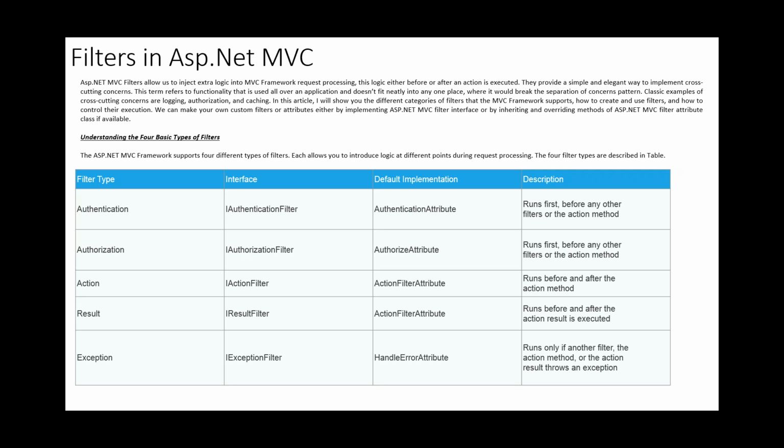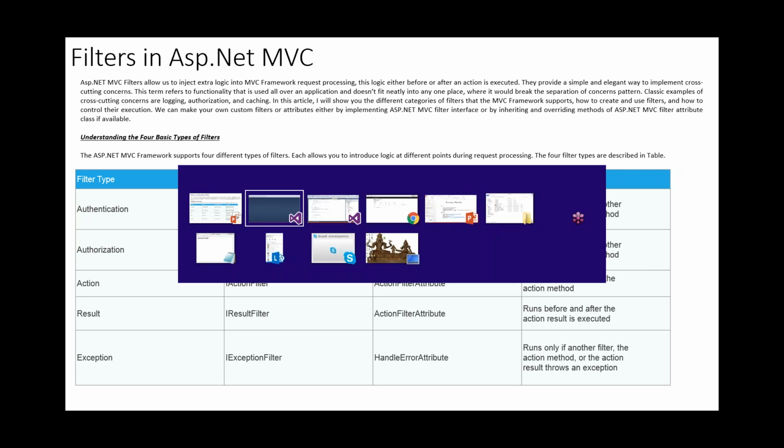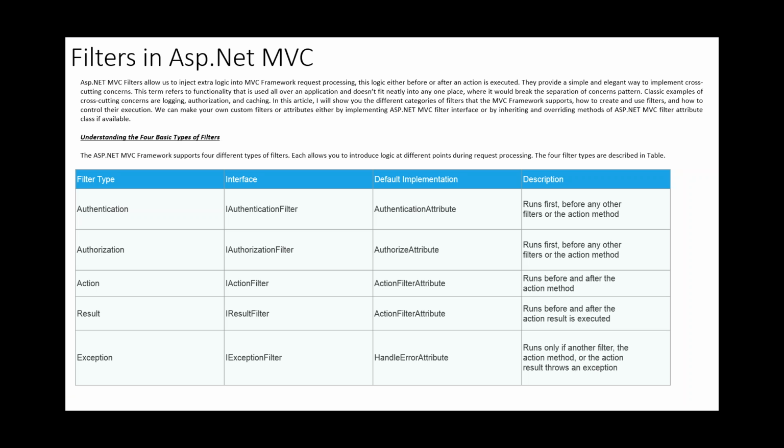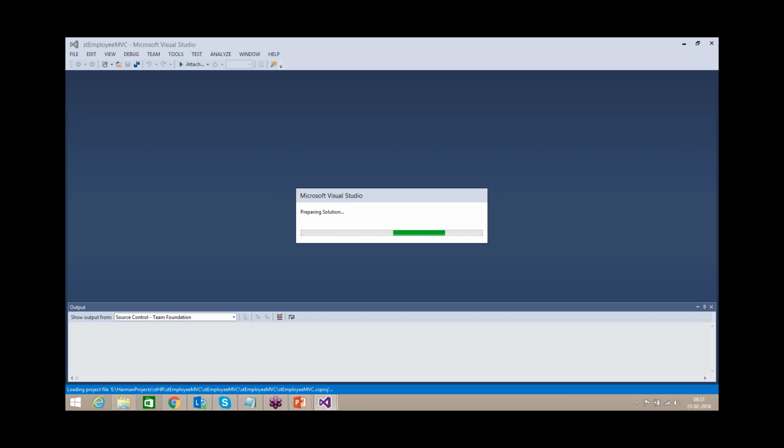These filters are very useful, and you can access these filters in MVC applications and Web API; these two are attribute based. Attribute based means you keep everything in square brackets and mention some attribute name so that the respective class will be executed.